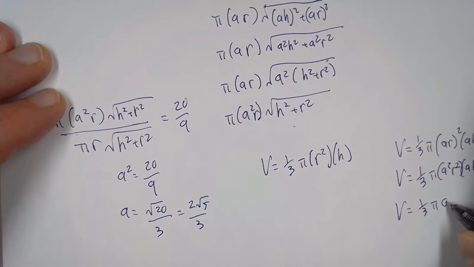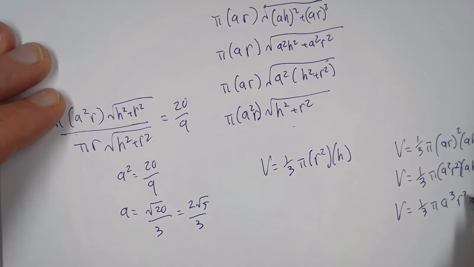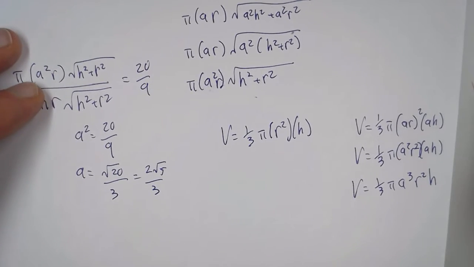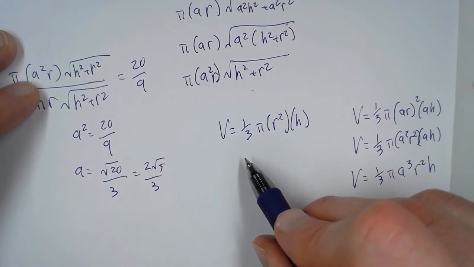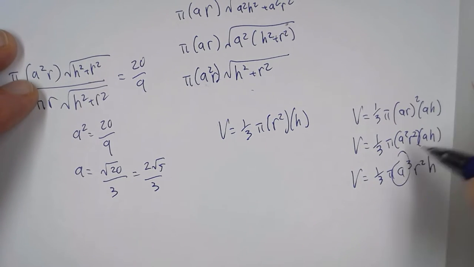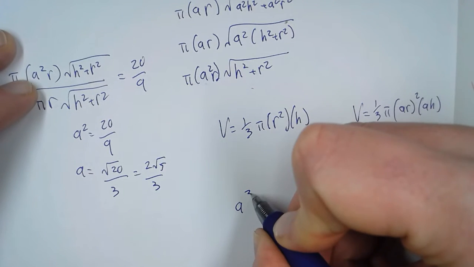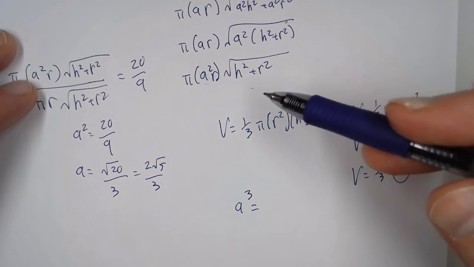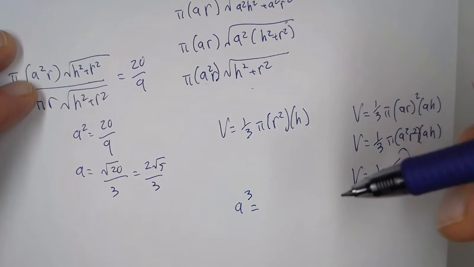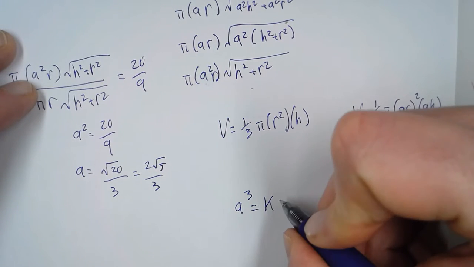So we have a cubed times r squared h. So really the only difference between this formula and this formula is a cubed. So a cubed is the multiple of the volume. So really a cubed is k, what we're looking for.